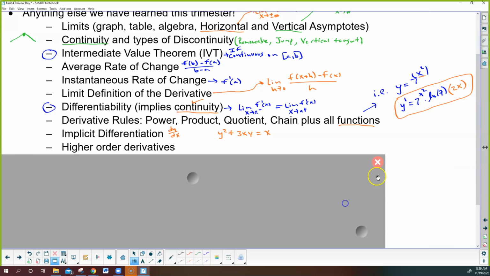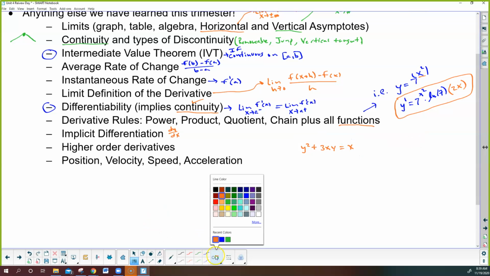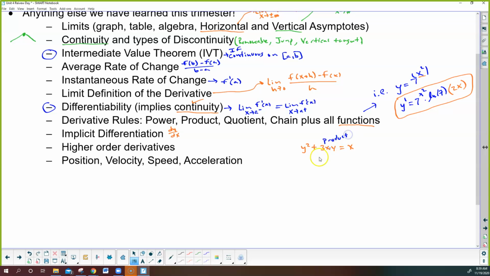And when you do that, I think we're almost done here. When you do that, it's pretty quick. It's your old derivative rules. So I got to take the derivative of each piece, but right here, I have to apply the product rule. So I'm going to just do this really quick.